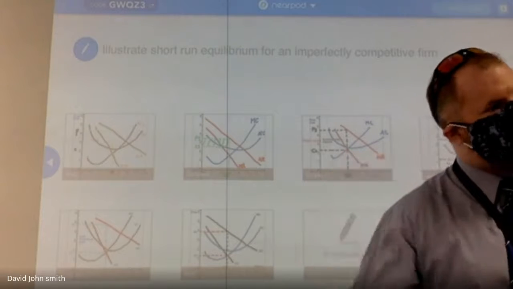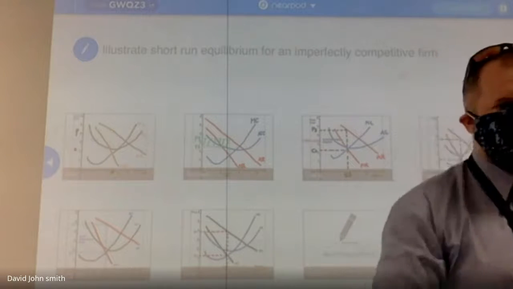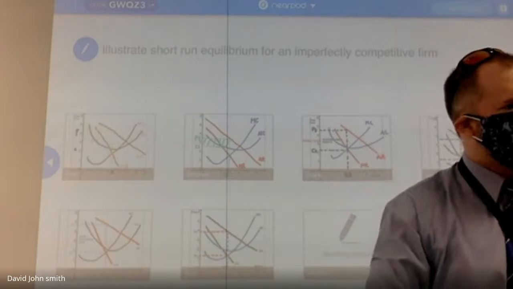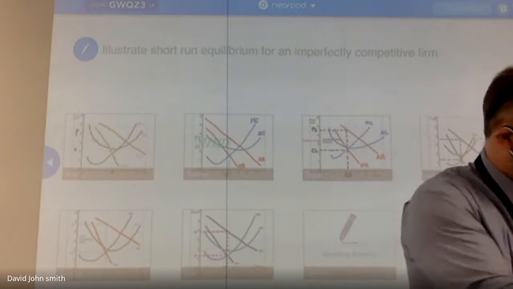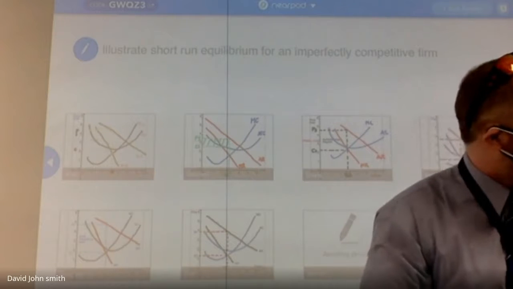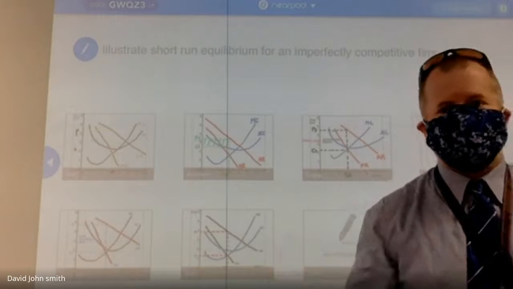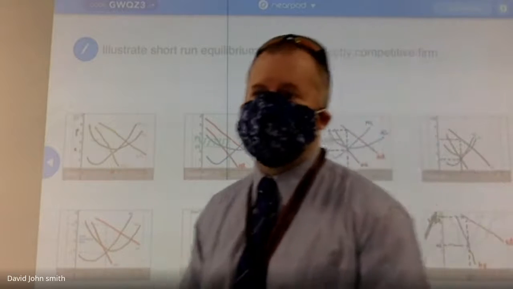So where does the cost curve sit? What if the cost curve was higher? What if the cost curve was lower? What implication does that have? Well, it's going to have an implication on the profit levels able to be earned, clearly. And each business is going to have different cost levels.